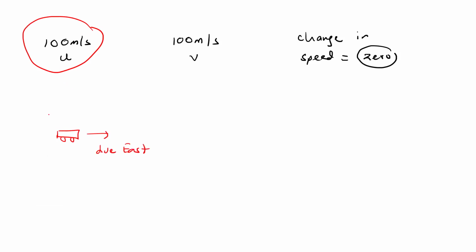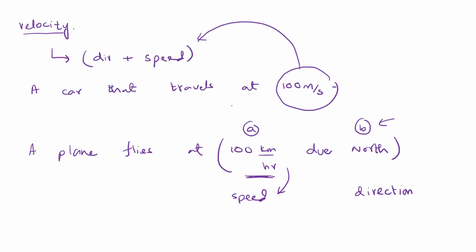And then somewhere here, this car started to turn and it moved towards north. So now what you see here is, even though the speed is the same, what has changed? Direction.